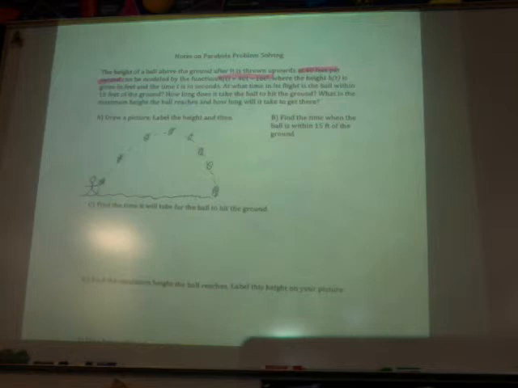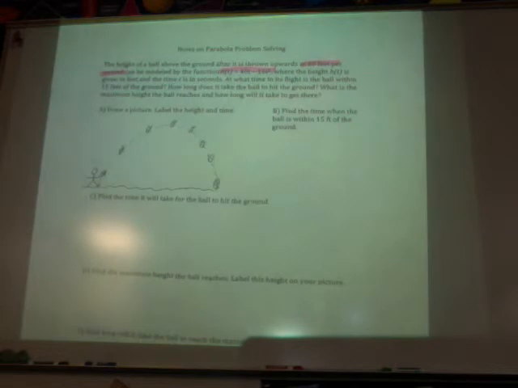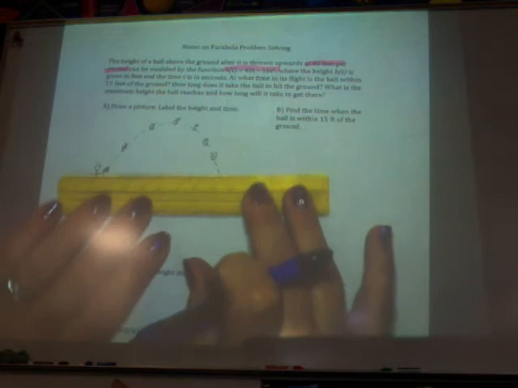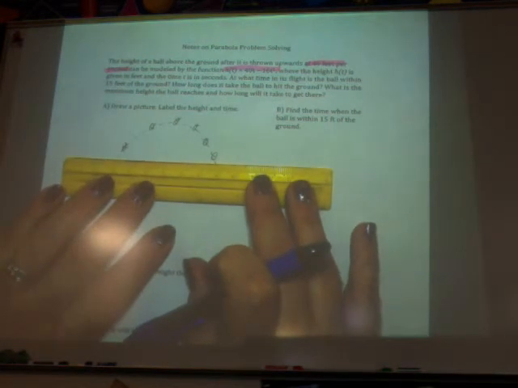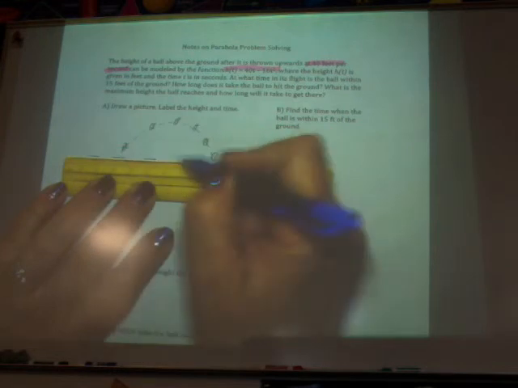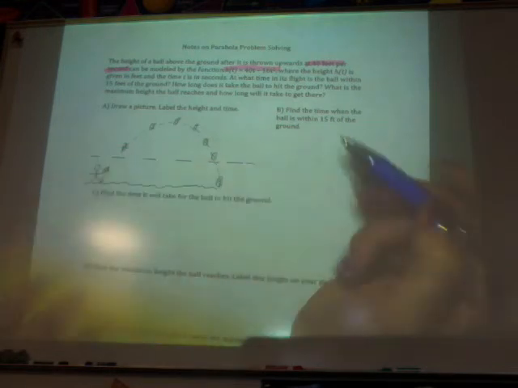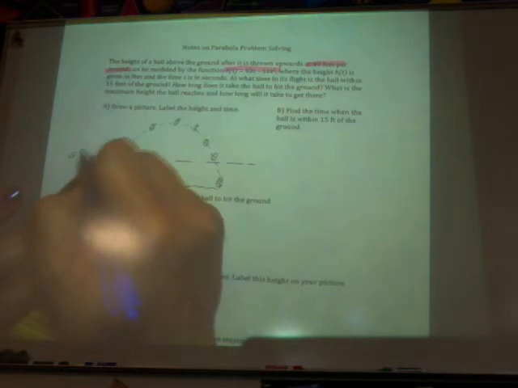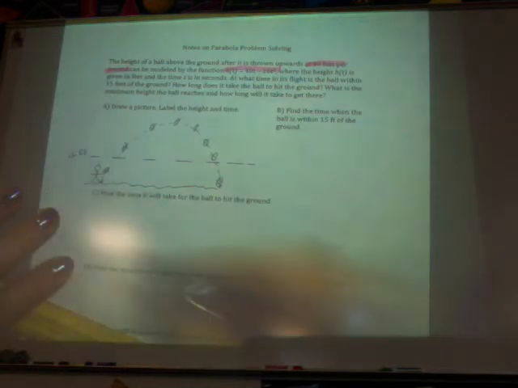So at some point, it's 15 feet off the ground. And that point would represent perhaps here. This would represent 15 feet. Wouldn't ground here be 0 feet?